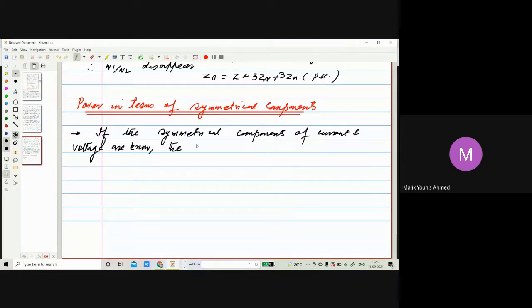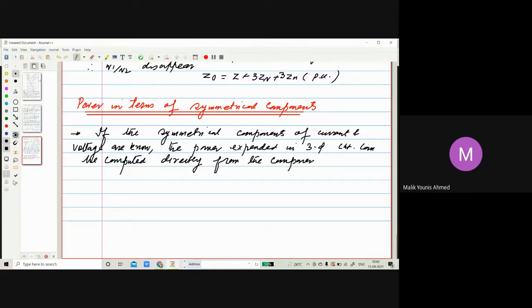The power expended in a three-phase circuit can be computed directly from the components. So very simple: if we know the symmetrical components of current and voltage, we can compute the three-phase power very easily.